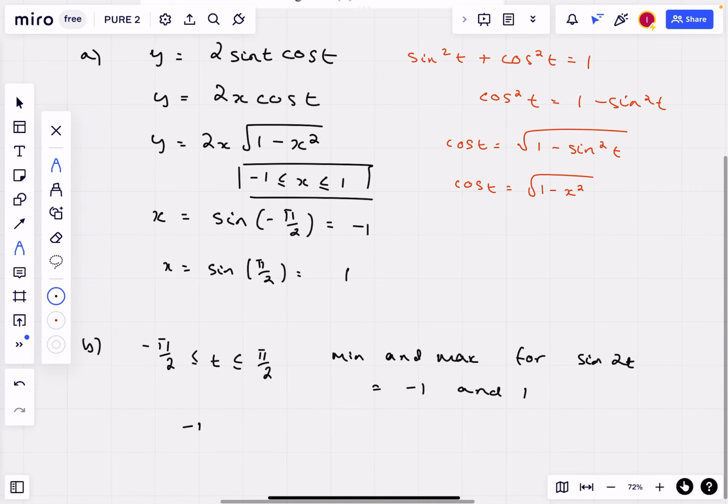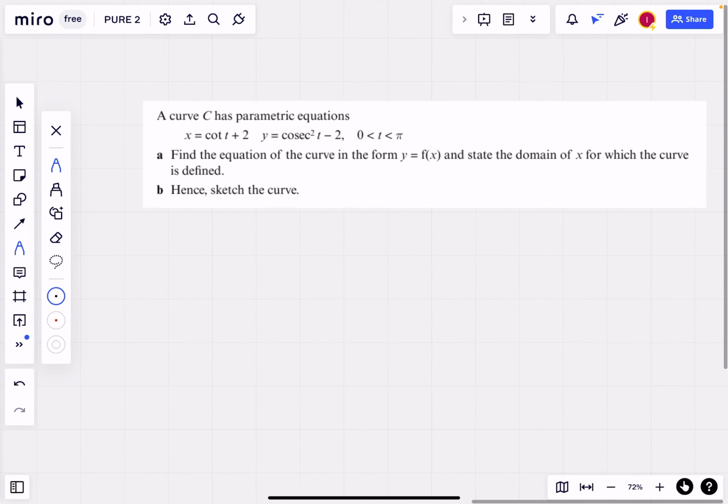So minus 1 to 1. There you go. Nice and easy. Okay, this question. Can you do that on your own, please?